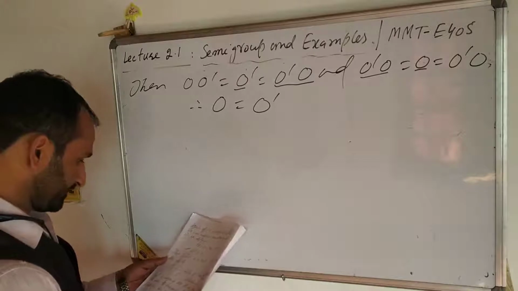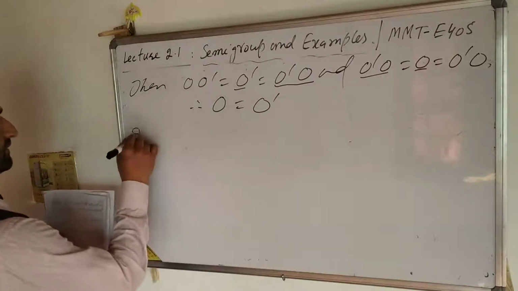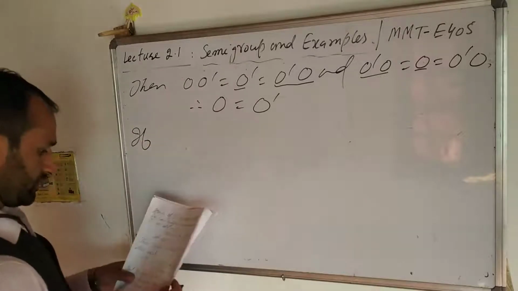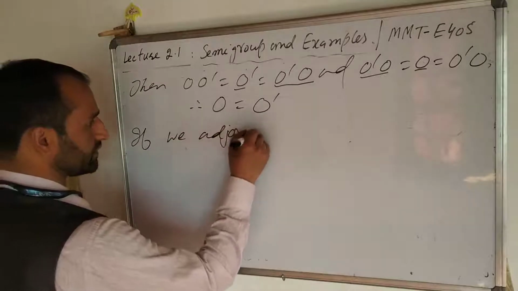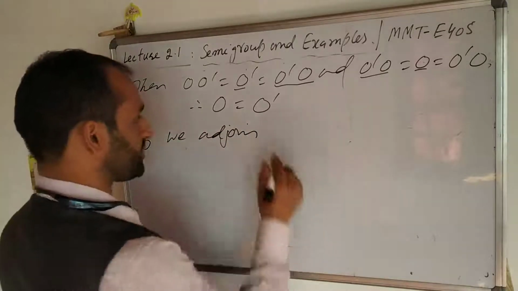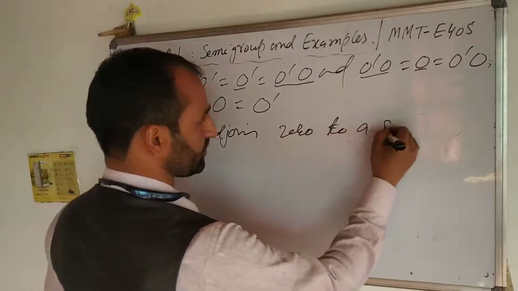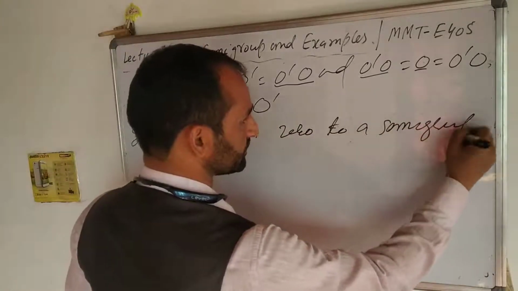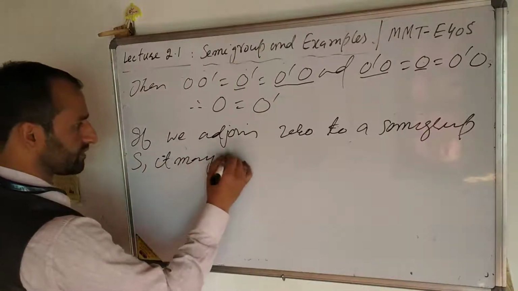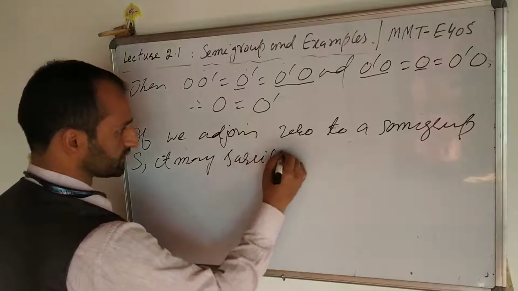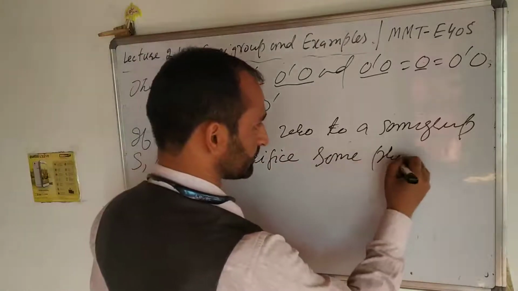Okay. So if we adjoin 0 to a semigroup S, it may sacrifice some properties.